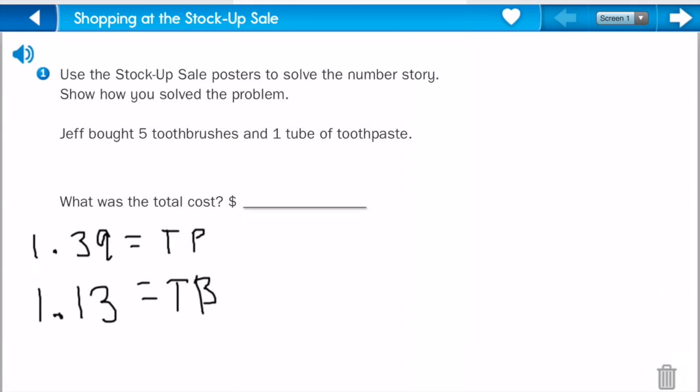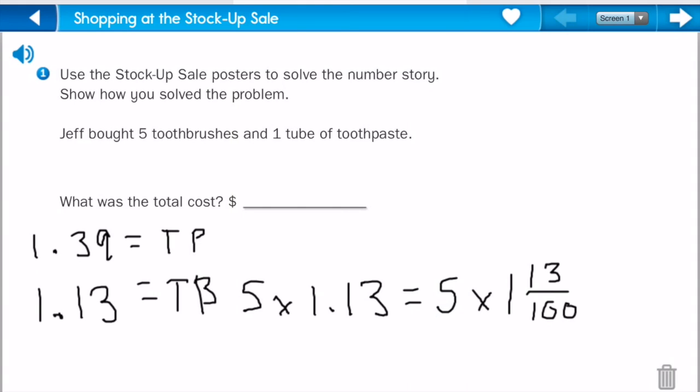We know we have 5 of those. So one way that you could set this up is that we could take 5 times 1.13, and that would be the same as doing 5 times 1 and 13 hundredths.